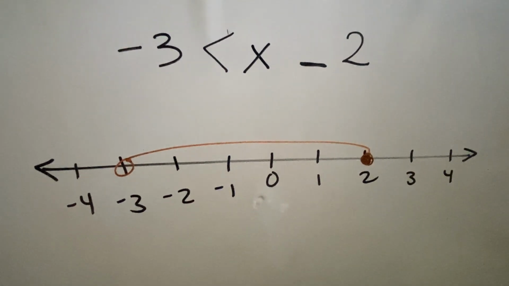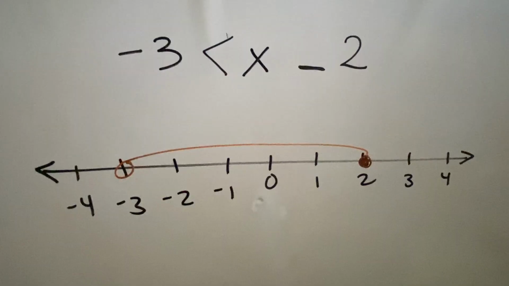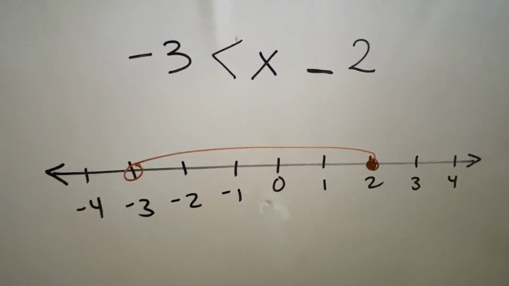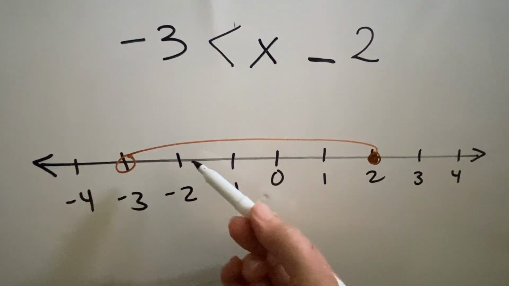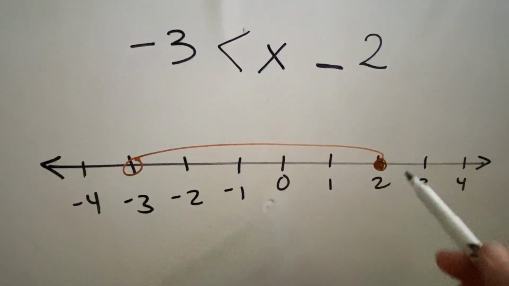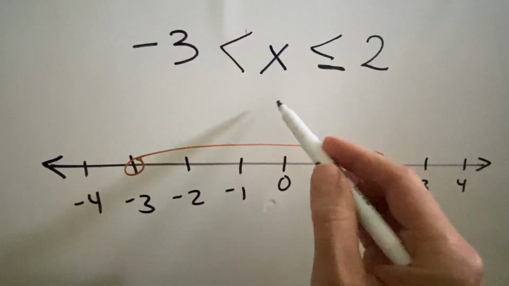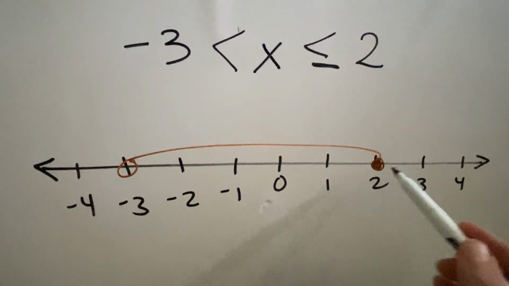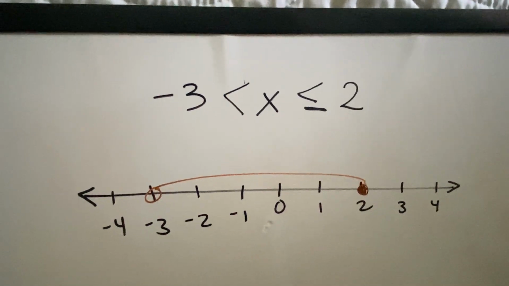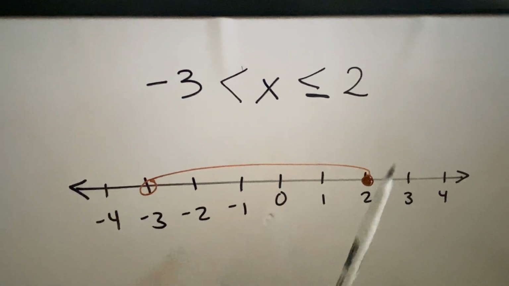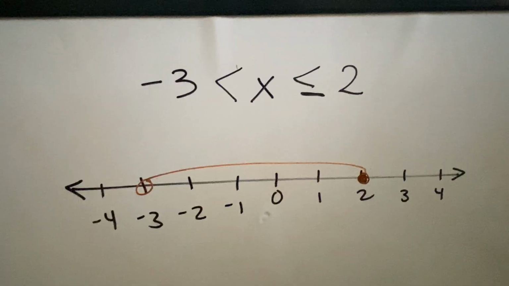That means that it's equal to 2. X can equal 2. So I put the little half of an equal sign there. And then it has to be less than, because the line is going to the left side. So x is less than or equal to 2. So it's between negative 3 and positive 2, not including negative 3, but can include positive 2.